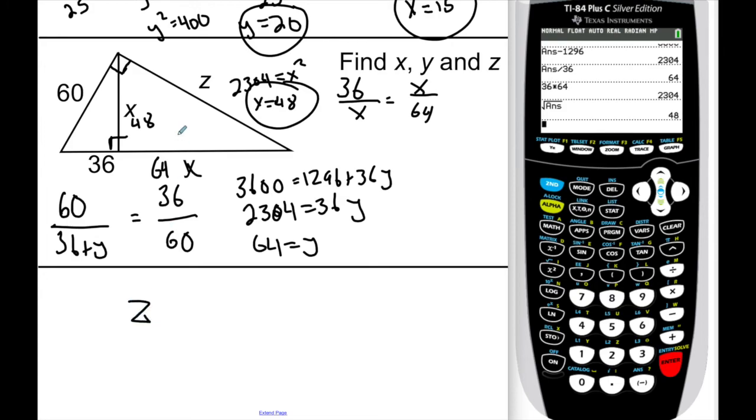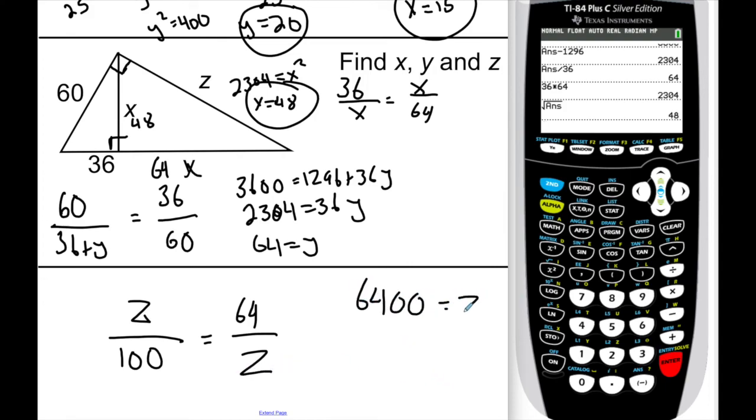So z, the hypotenuse, is to this whole hypotenuse, which is 36 plus 64, or 100, okay, as 64, the base, is to z, the big base. So 6400 equals z squared, okay? Notice 80 is equal to z.